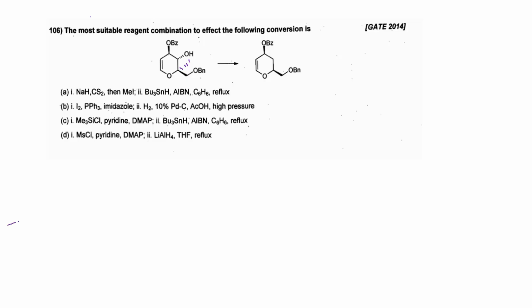So let's start. First, just for A, there will be a 6-membered ring. Now, this reagent we have discussed earlier also. This is a reagent of the Chugaev reaction.